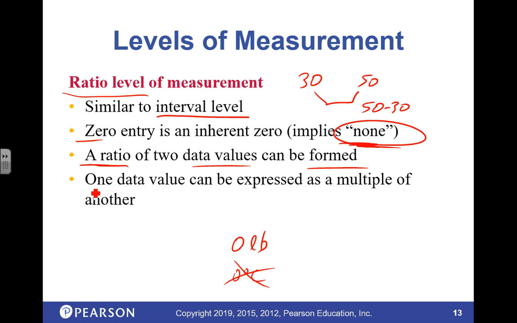Same thing here. One data value can be expressed as a multiple of another one. If I weighed 100 pounds at one age and then I weighed 200 pounds at another age, then it would make sense to say 200 pounds is twice 100.